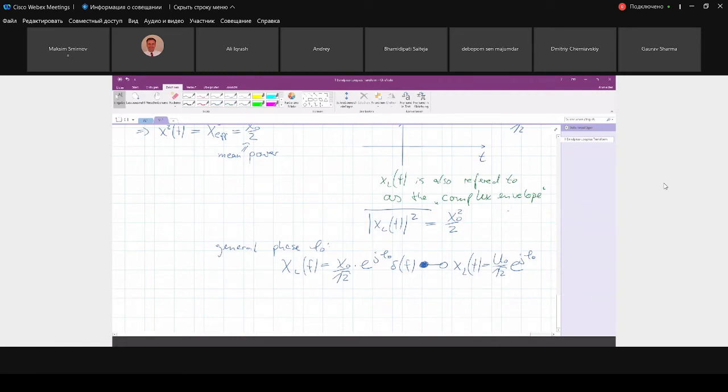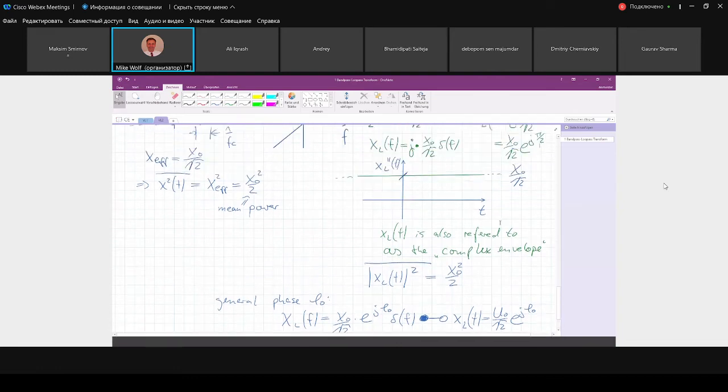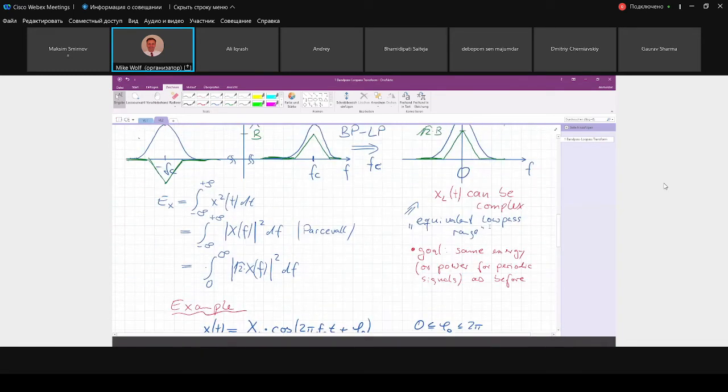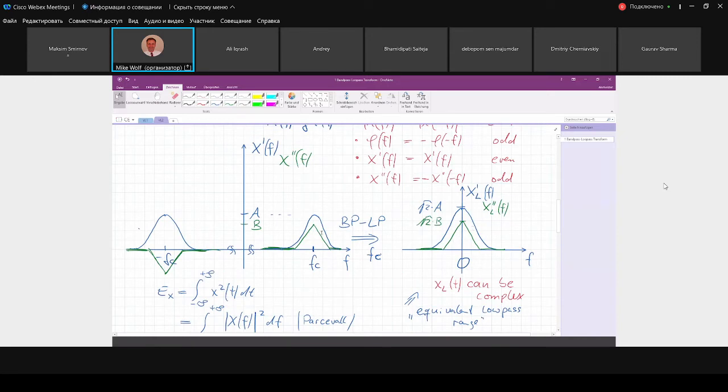Exactly. Let's say a little bit different, but you are right. Our time domain signals need to become complex in order to distinguish between cosine and sine carrier waves. This is the reason. The mathematical description is because if we delete the left-hand side part of the spectrum and just shift this, we cannot ensure that the real part of this spectrum has an even symmetry, and the imaginary part has an odd symmetry.